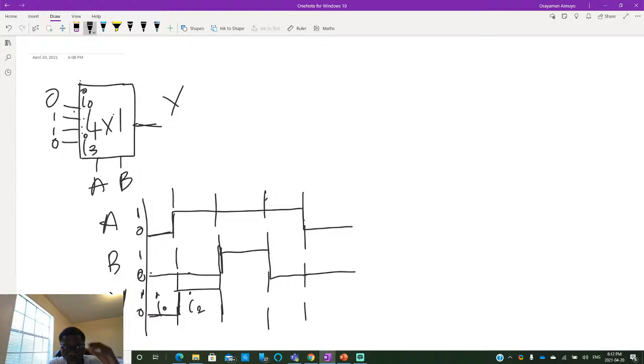So A is 1, B is 1, and that should give us a low as well for I3. So we can see this is relatively straightforward. And then this repeats again. So we have A is 1, B is 0, and so we just get a high as well. Okay, that's that.